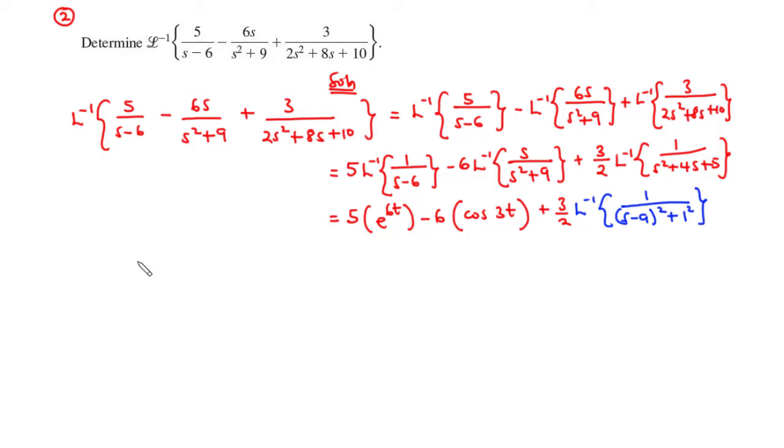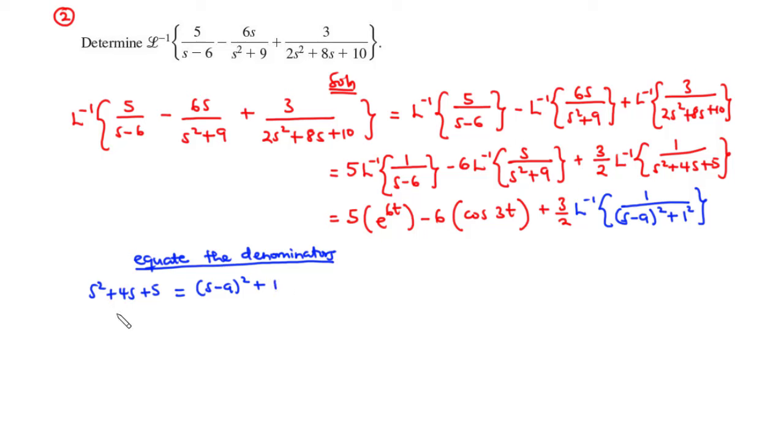So we equate the denominators. On the left hand side we have s squared plus 4s plus 5, and that is equal to s minus a all squared plus 1 squared, which is simply 1.